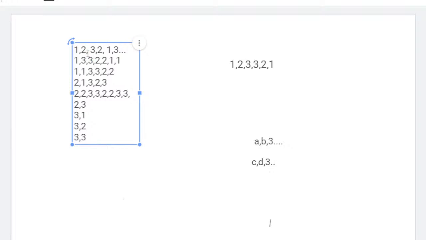The algorithm I'm proposing is: take all the tuples, and at each step, at the next step, what we're adding is the greatest number we can add. So here 3 is the greatest number we can add.